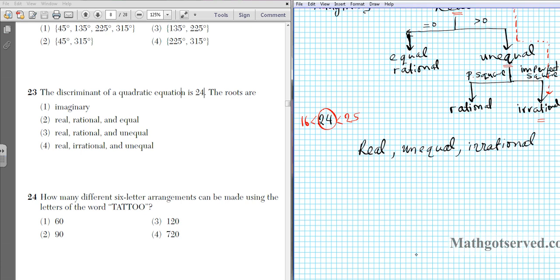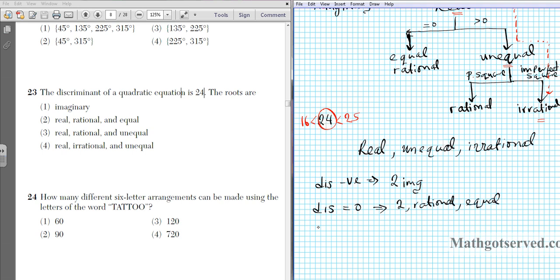All right, let me show you another way to look at this chart. If this chart looks too messy to you: if the discriminant is negative, what does that tell you? You're going to have two imaginary roots. If the discriminant is equal to 0, you're going to have two identical, or two rational and equal roots.